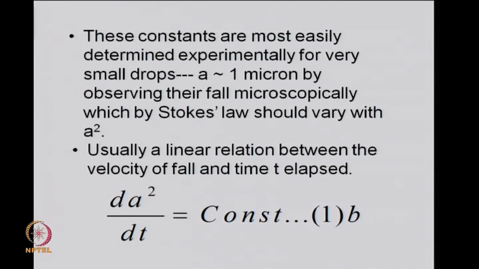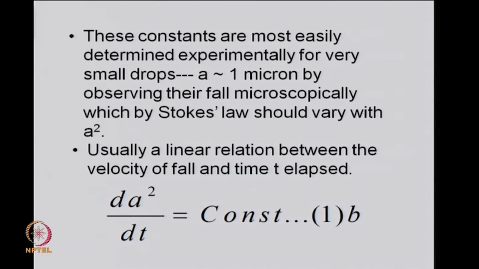If the droplets are about 1 micron in radius, A is about 1 micron, then you might conveniently study this fine drop while it is falling through air. While it is falling through air, it would also lose the liquid through evaporation. We might be able to find out how evaporation occurs.